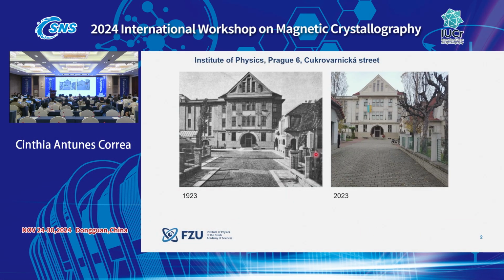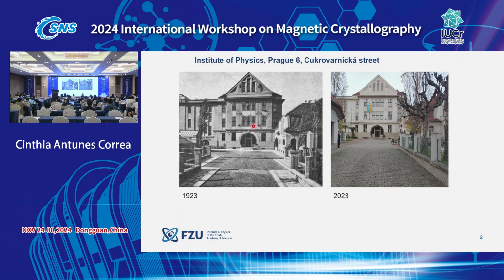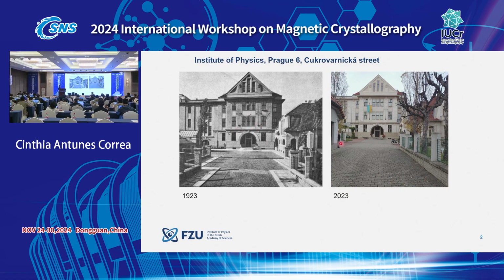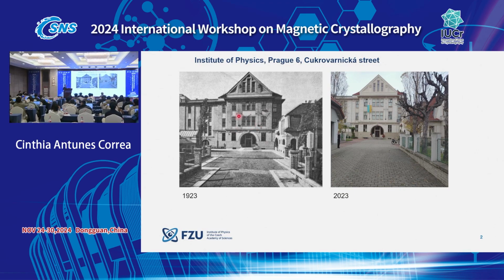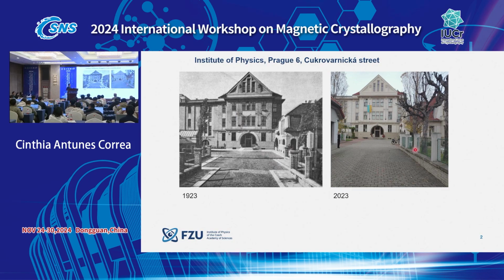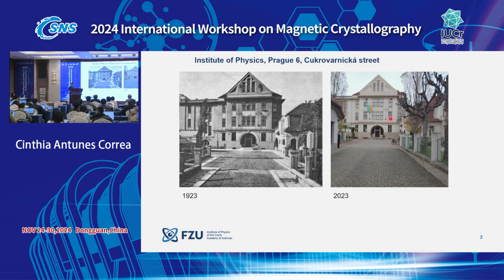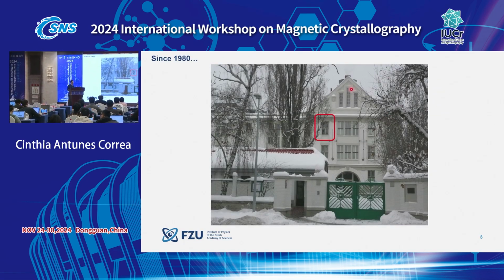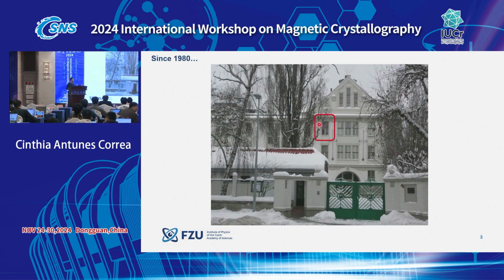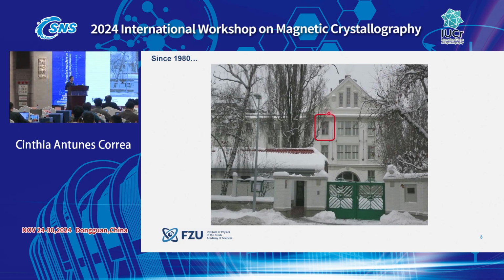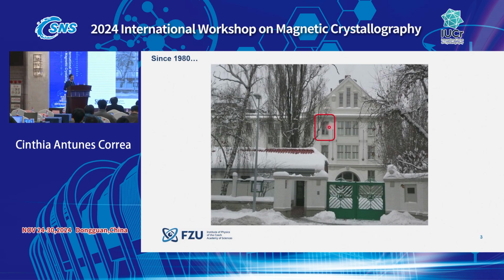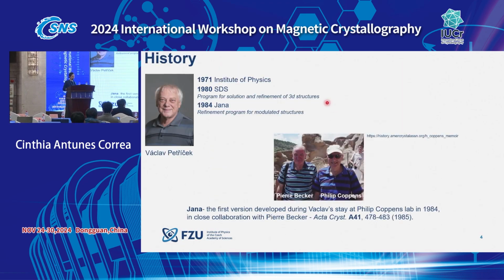So this is the Institute of Physics, where JANA is developed. Last year the building celebrated 100 years, and as you can see here, it looks pretty much the same. The only difference is maybe the bicycle here. And since the 1980s, JANA has been developed in the office behind this window by Václav Petříček.